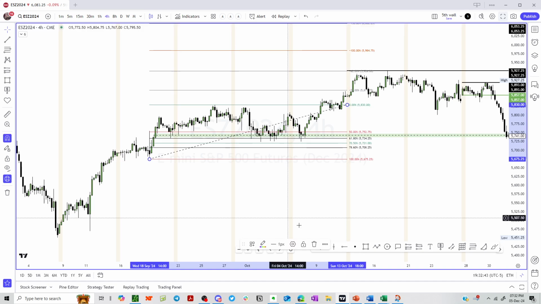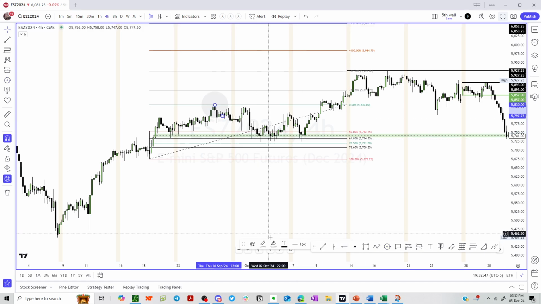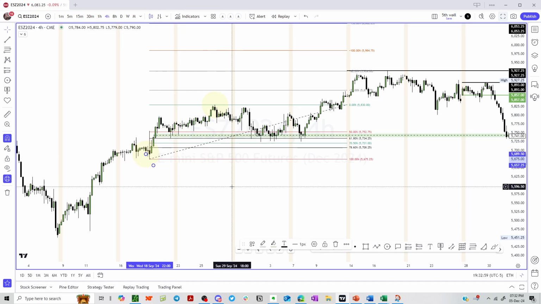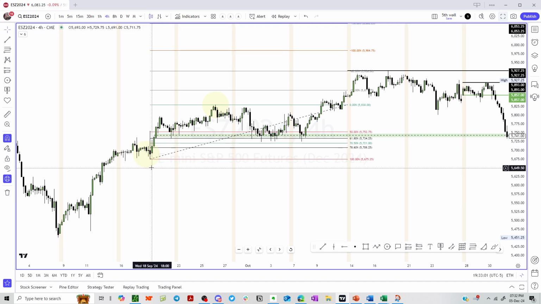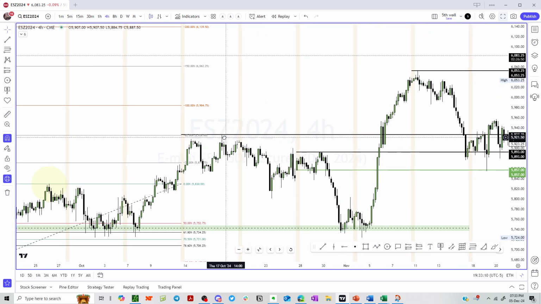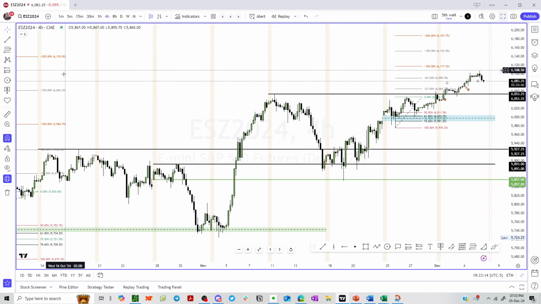I'm using this swing high and this swing low. Optimal trade entry, multiple opportunities to go long. Same situation.